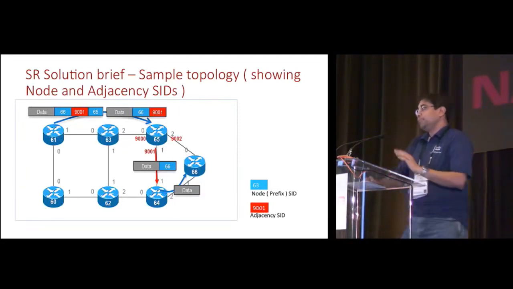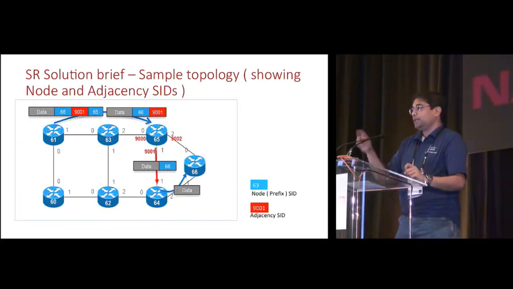So we just push the segment identifiers accordingly. At 61, I first put the segment identifier for 66 at the end because that's the end destination. Then 9001, which is relevant only for node 65, to take the traffic towards node 64, and then towards node 65.